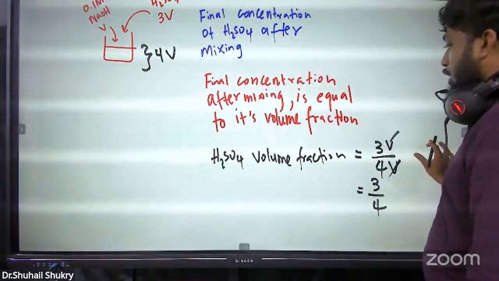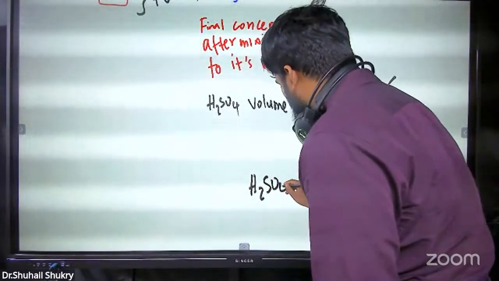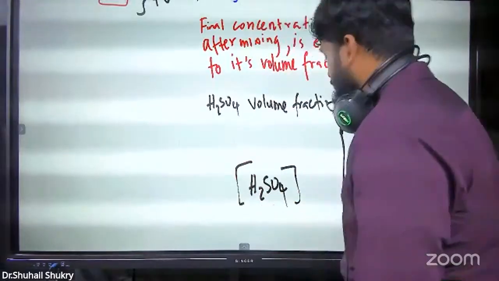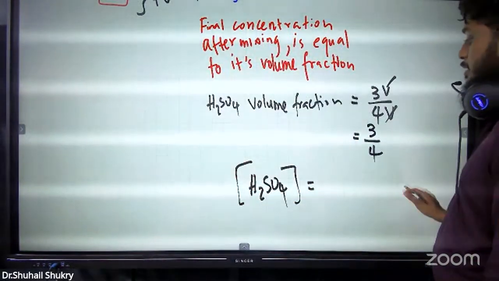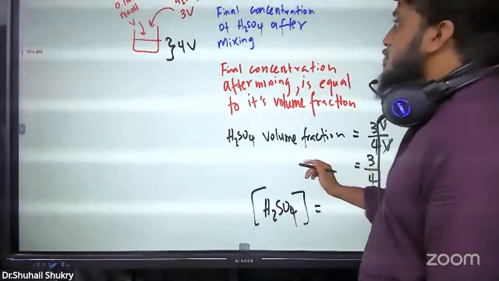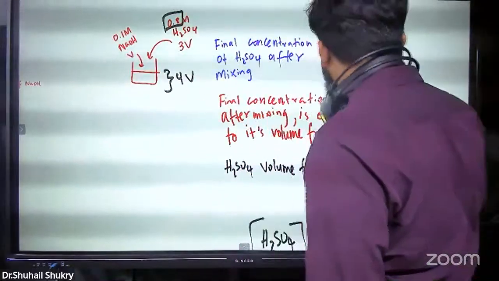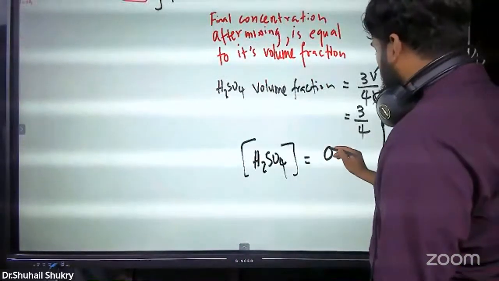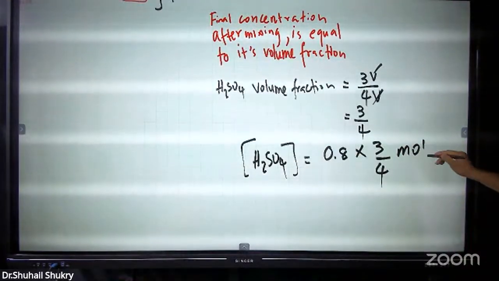Right? So now you can write H2SO4 concentration like this. What was the earlier concentration? The earlier concentration was 0.8. Now the new concentration will be 0.8 into 3 over 4 mol dm minus 3.